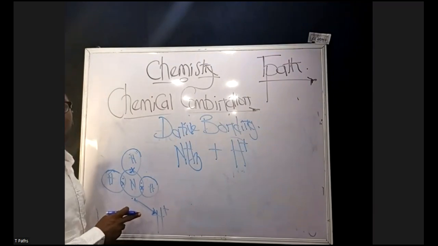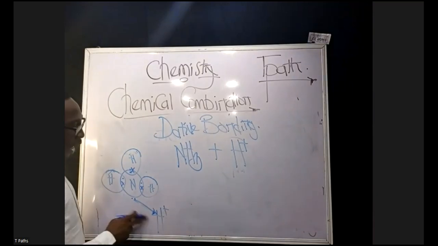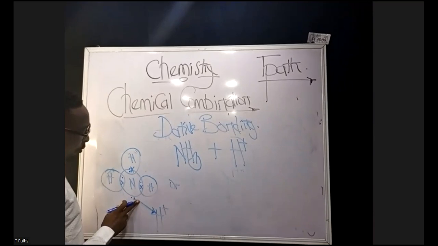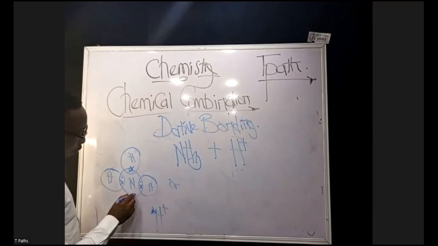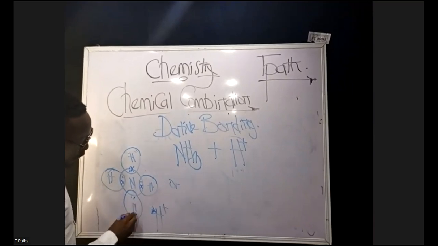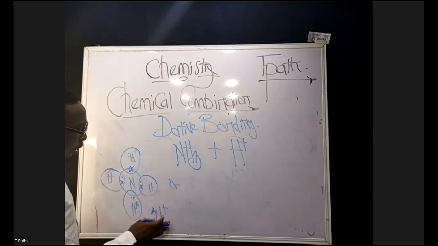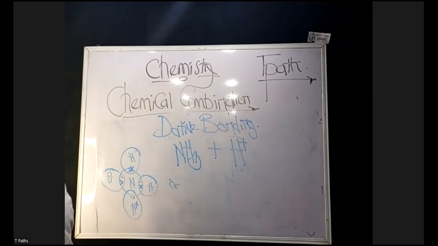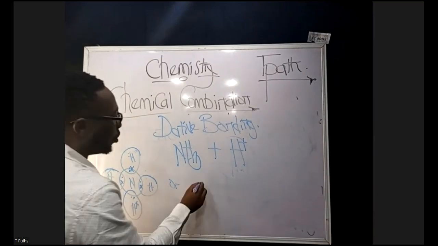That is how it's done in dative bonding. You can point to this, or you can show it something like this. This is H plus. And this is what we call dative bonding. And what have we formed?